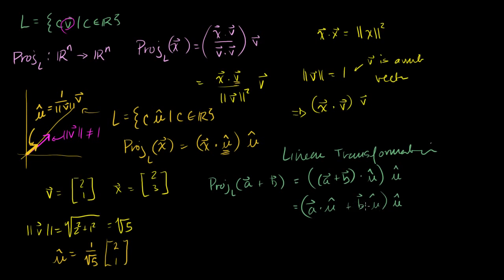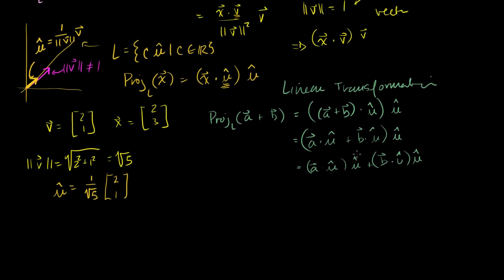These are just scalar numbers, so scalar multiplication has the distributive property, so this is equal to A dot u times our vector u, which is just some scalar, plus B dot u times our unit vector u.